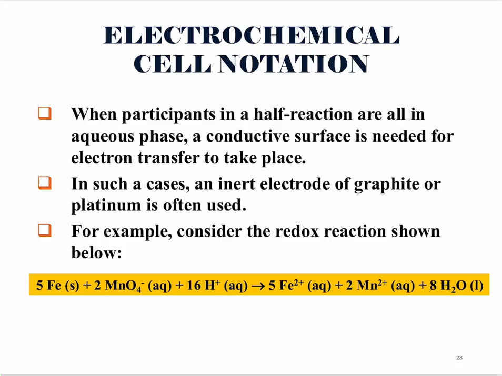So what is the charge number for solid iron here? 0, right? Because it's neutral iron, right? We haven't lost or gained any electrons yet. What is the charge on iron in the product side of this reaction? 2 plus, right? So what happened to the iron?